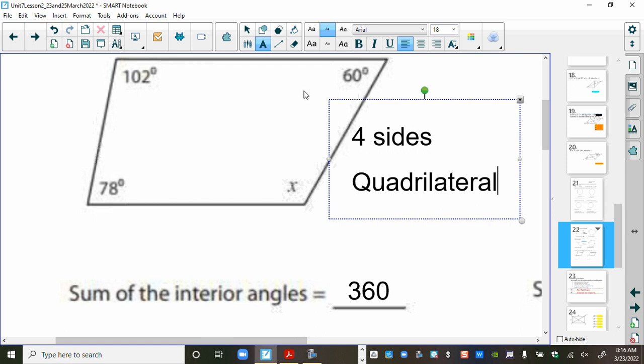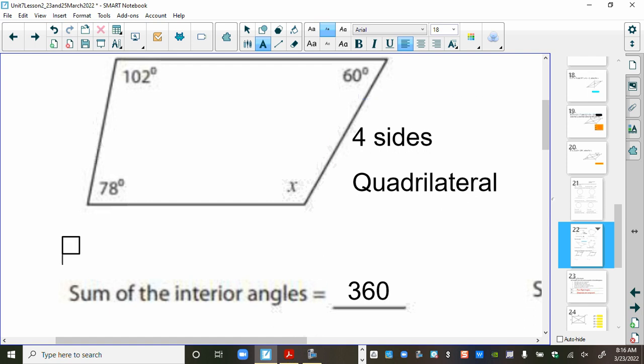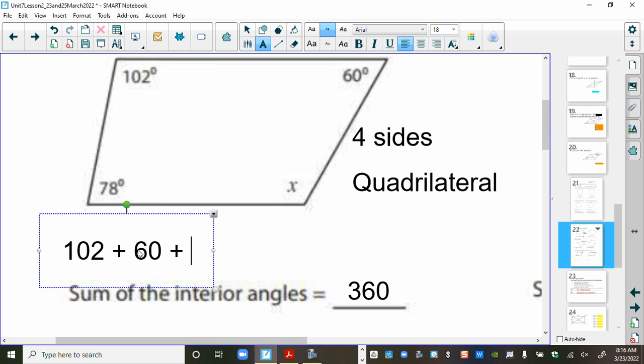So then what's going to happen is for a problem like this, what you need to do, it's similar to one of those problems on the notes. Basically, you're going to have to take the 3 numbers plus the missing value, and set that equal to what number?